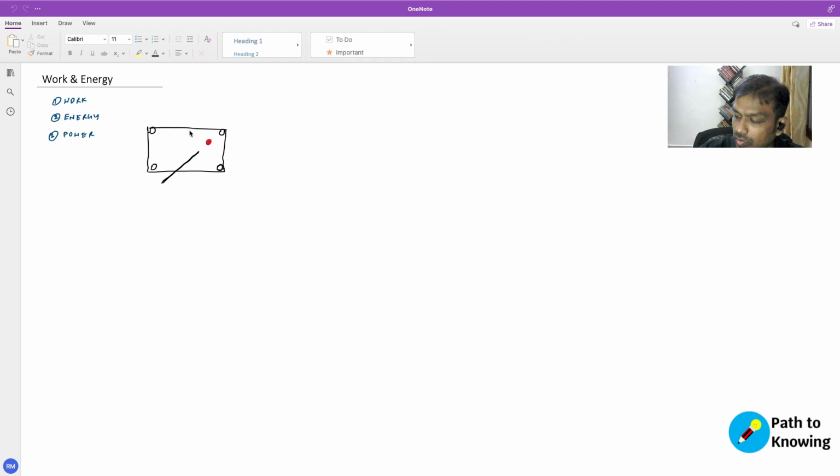Let's take that distance to be D, the distance between the end of the cue stick and the center of the ball.